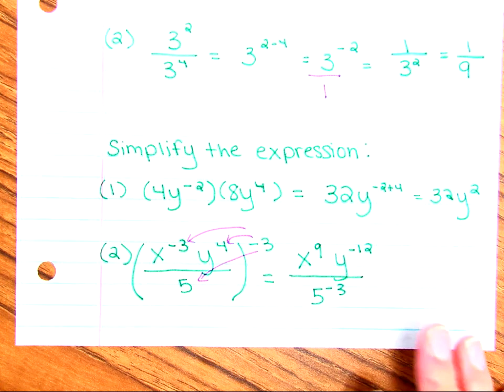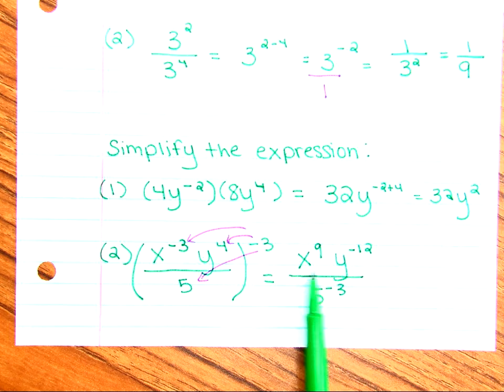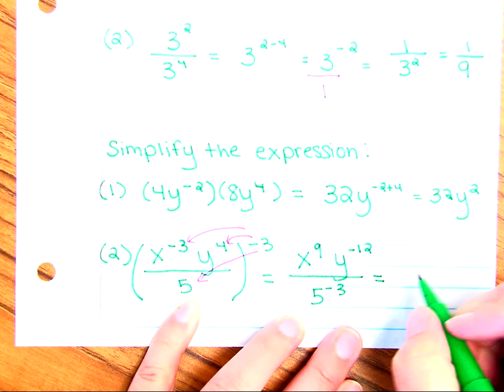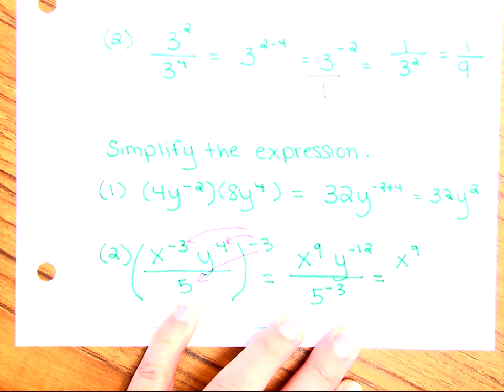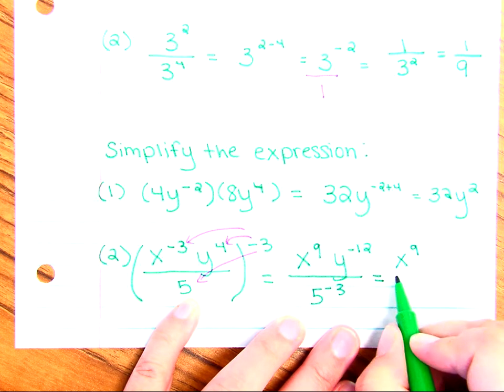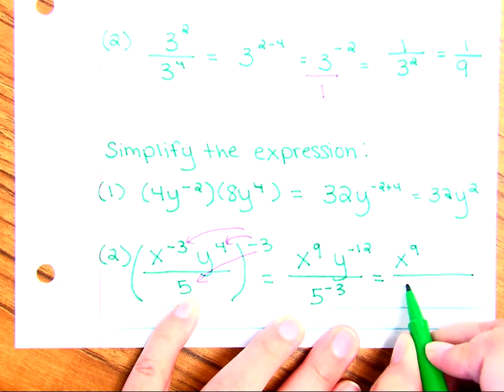Okay, now x and y do not have the same base, so I can't combine those. 5 does not have the same base. So I can't simplify anything other than I need to not leave any negative exponents. So x to the 9th is okay. The reciprocal of y to the negative 12 would be 1 over y to the 12.